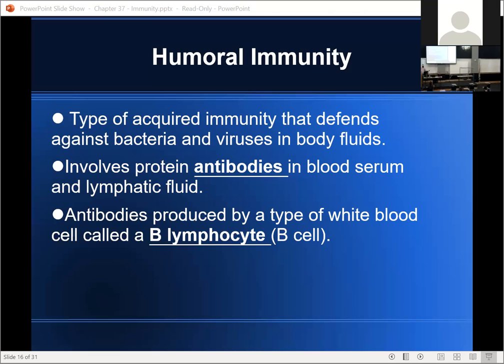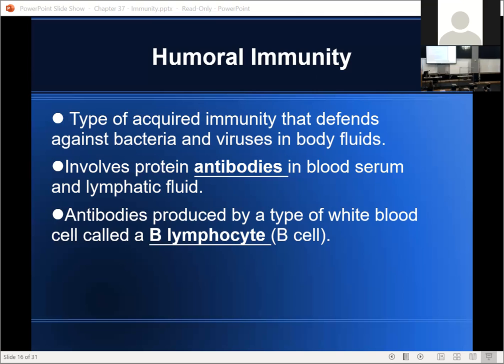So while your natural immunity, or your first line of defense, is taking care of the pathogen, behind the scenes, your cellular immunity is ramping up. Your acquired immunity is starting to ramp up so that you can really attack that pathogen more specifically.